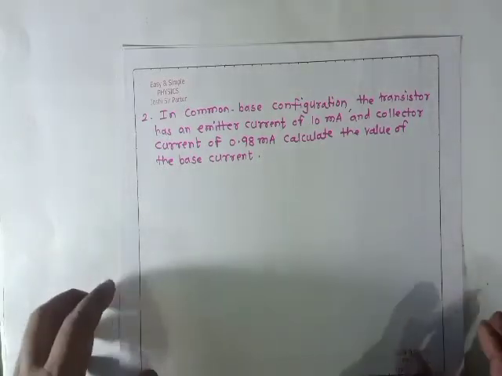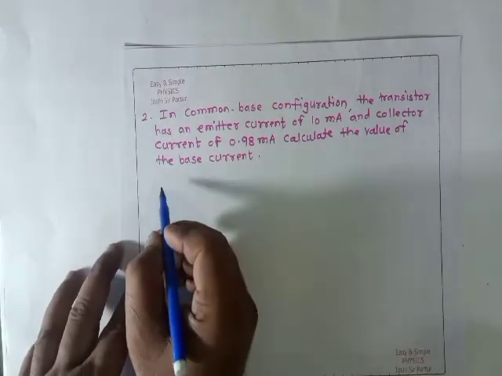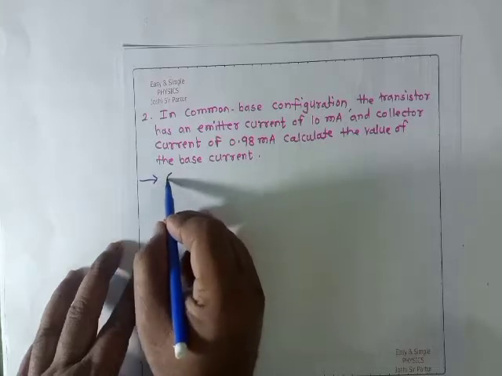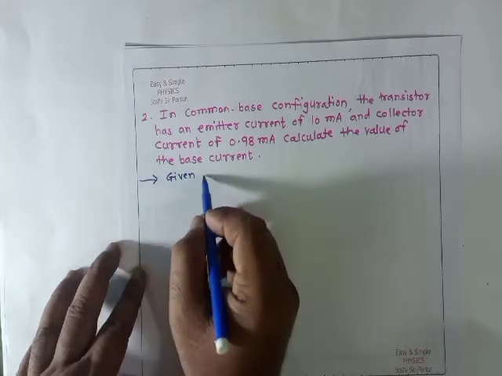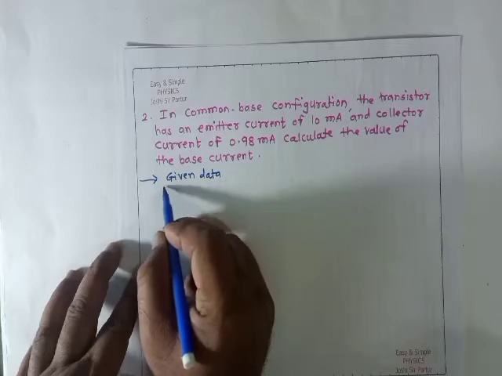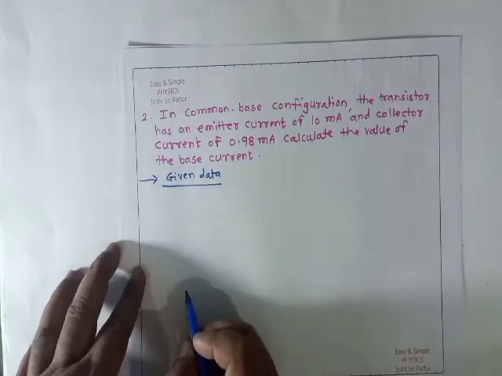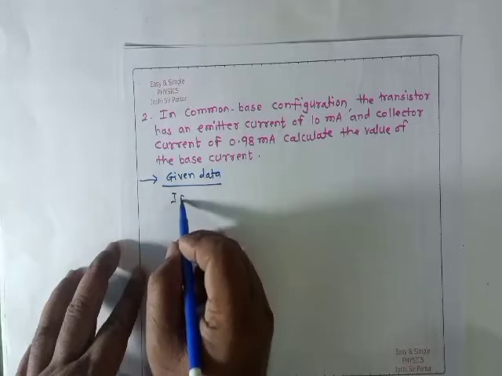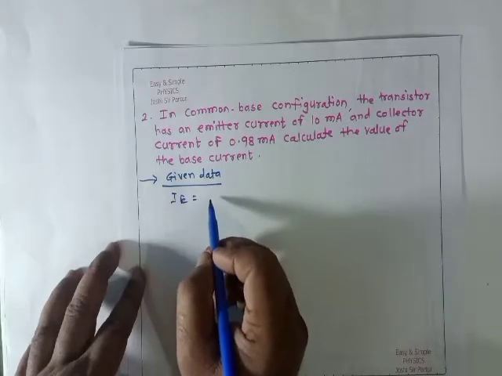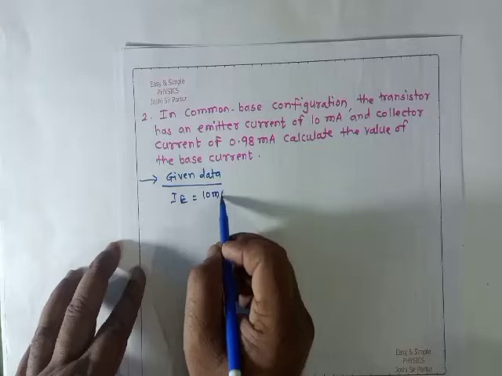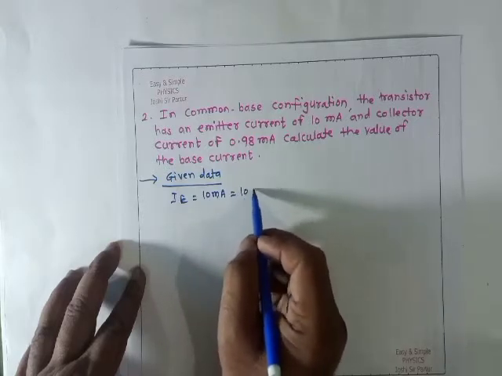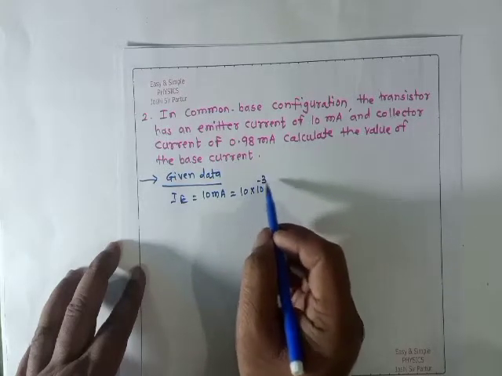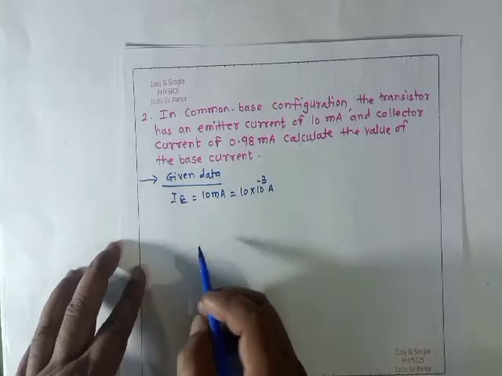See here, in the given data, emitter current IE is equal to 10 milliampere, means 10 into 10 raised to minus 3 ampere.